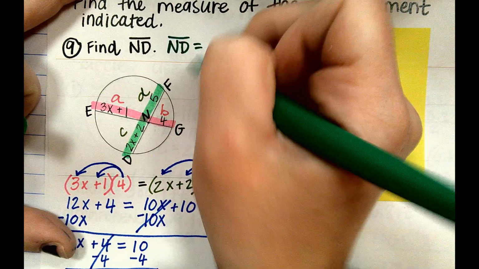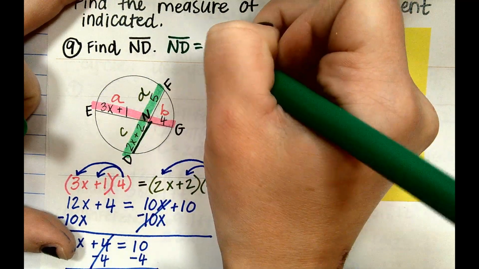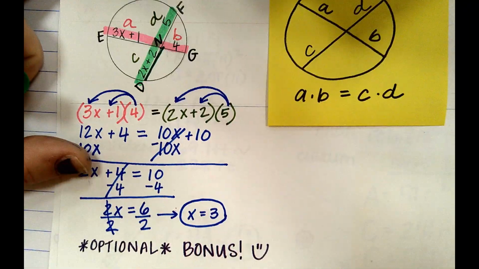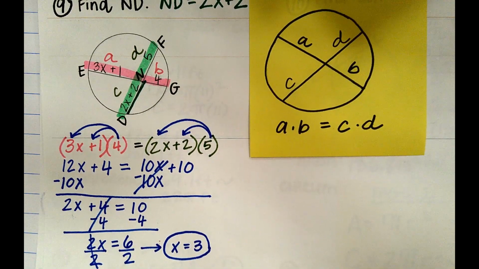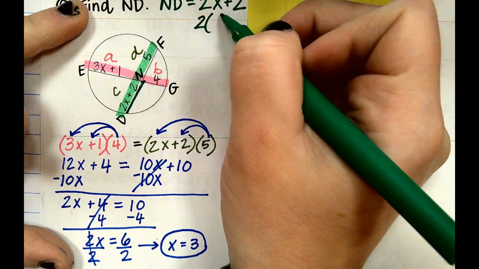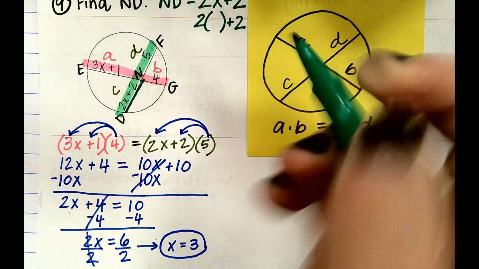ND equals 2x plus 2. And we just said x is 3. So we'll do 2 times 3 plus 2.